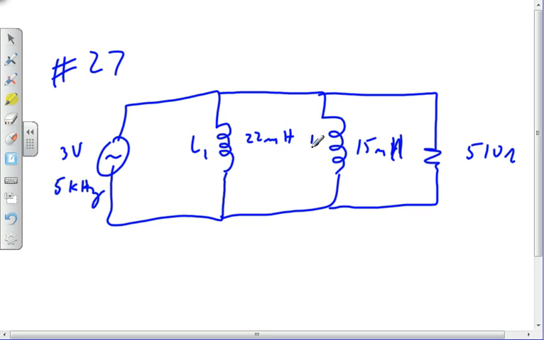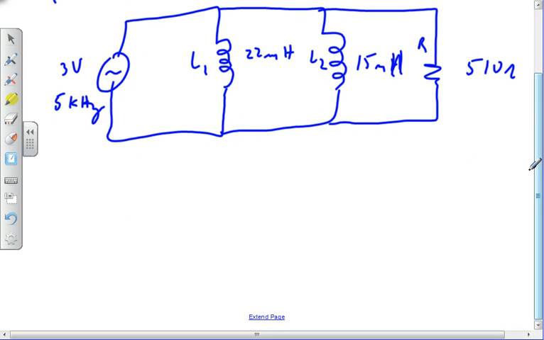L1, L2, just R. Okay, well, what are we supposed to do? Calculate the component and circuit currents.